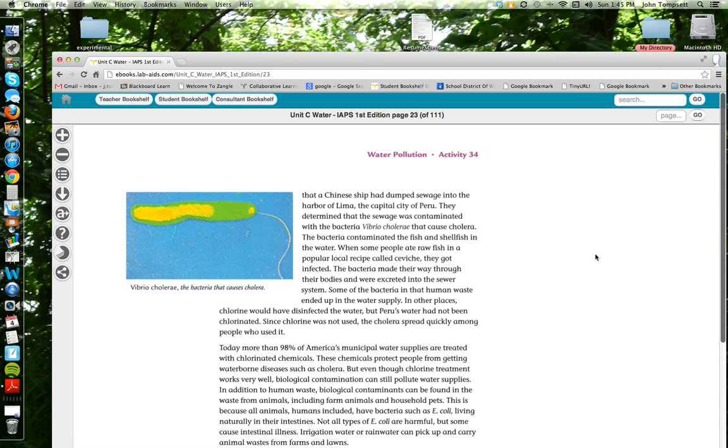They determined that the sewage was contaminated with the bacteria Vibrio cholerae that caused cholera. The bacteria contaminated the fish and the shellfish in the water. When some people ate raw fish in a popular local recipe called ceviche, they got infected.